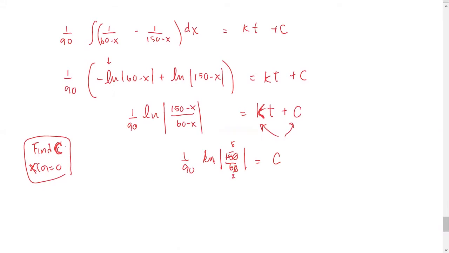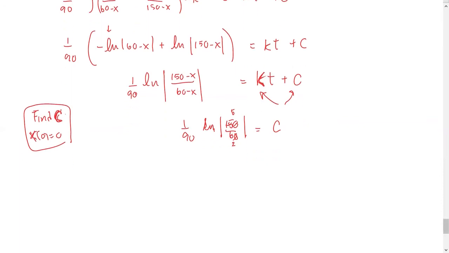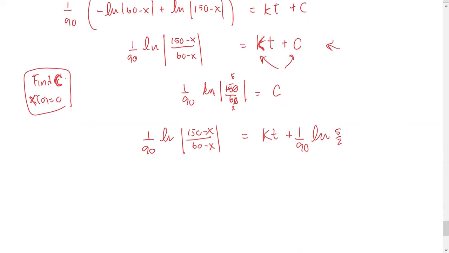Right. And then we can bring it back into the general solution to consolidate some terms. So 1 over 90 times natural log of 150 minus x over 60 minus x equals k times t plus 1 over 90 times natural log of 5 over 2. You can ignore the absolute value because it's already a positive term.